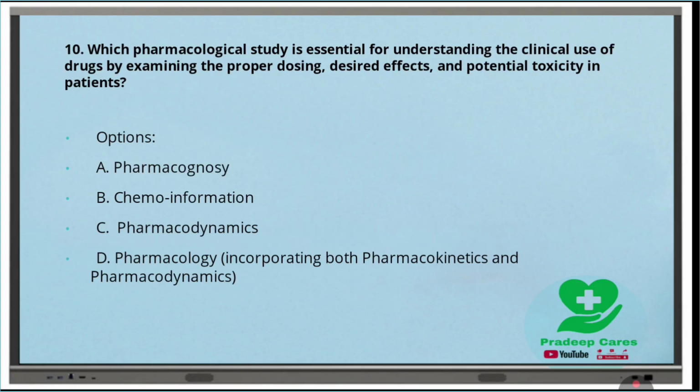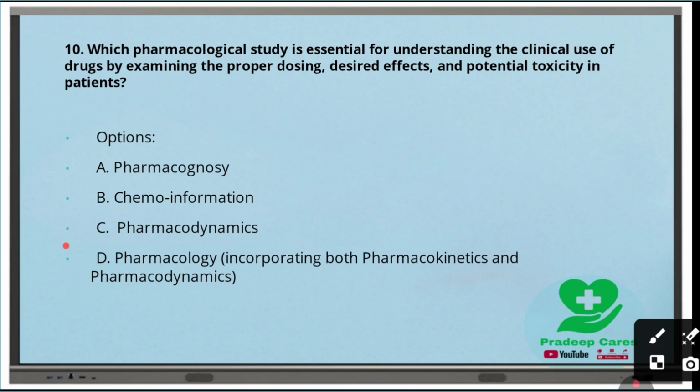Next question. Question number 10. Which pharmacological study is essential for understanding the clinical use of drugs by examining the proper dosing, desired effect, and potential toxicity in the patient? Options are: option A pharmacognosy, option B chemoinformatics, option C pharmacodynamics, and option number D pharmacology, incorporating both pharmacokinetics and pharmacodynamics.